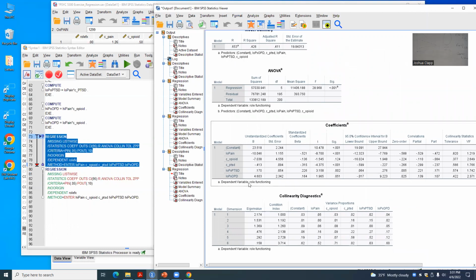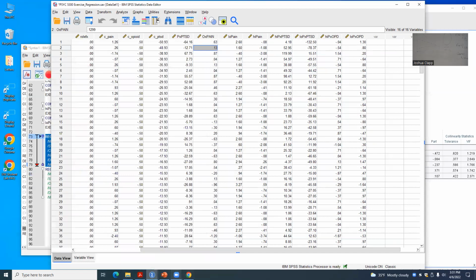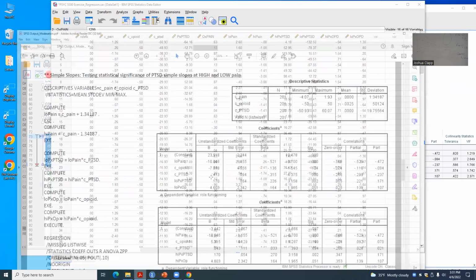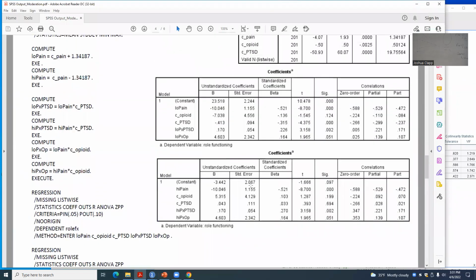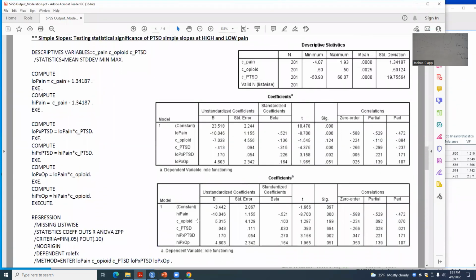here we go, we get my effect of... oops. If I go through and I run this, I get my simple slope or my conditional effect of PTSD on functioning at low levels of pain.